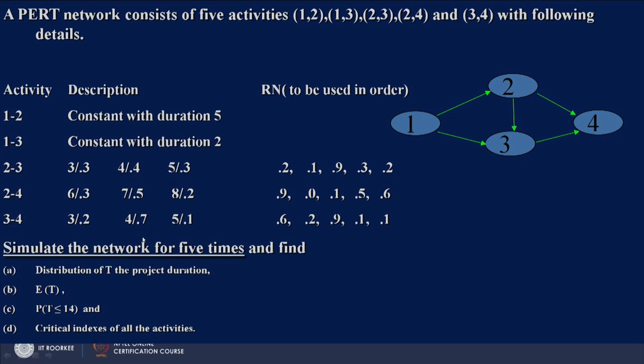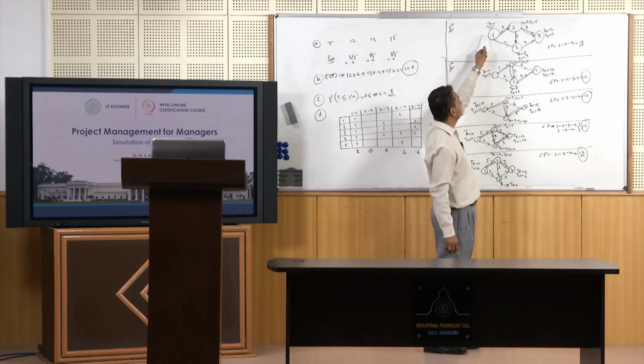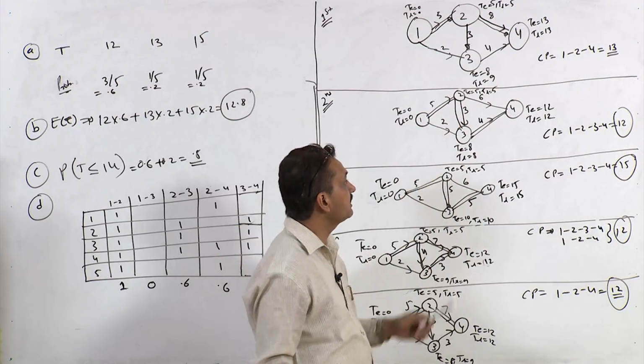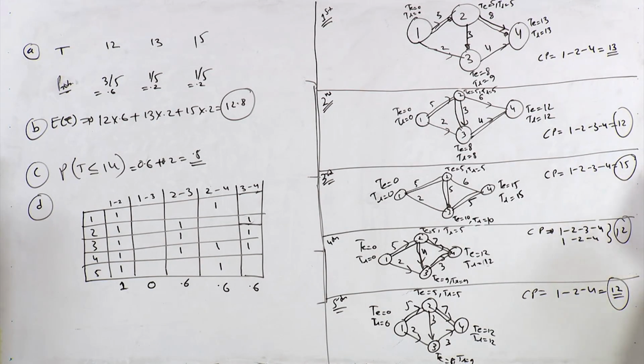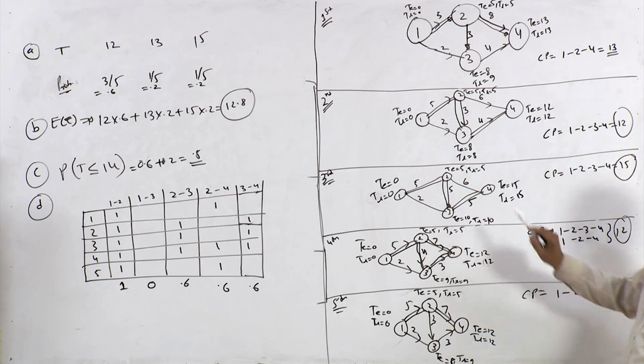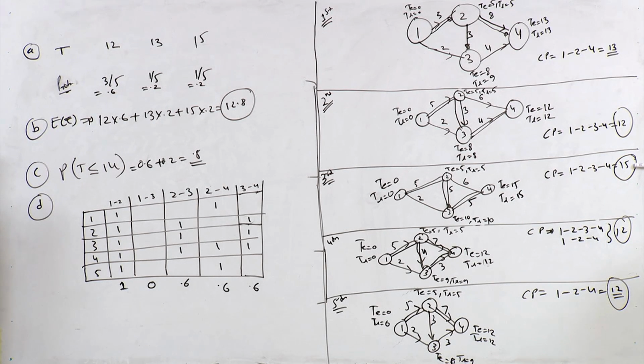In the first run, we calculated all the T's and TL's, and the critical path is 1 to 4, right. So only 2 critical activities, and the duration is 13. For the second run there were 3 critical activities and the duration is 12. For the third run there are again 3 critical activities, this is 1, 2, 2, 3 and 3, 4, and the total duration is 15.